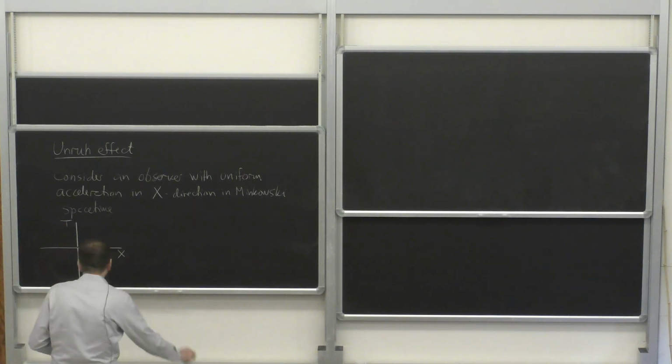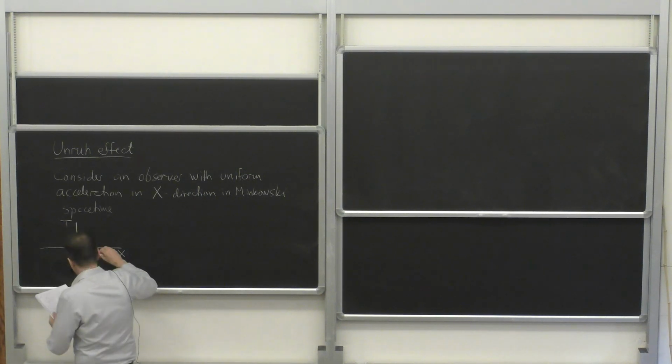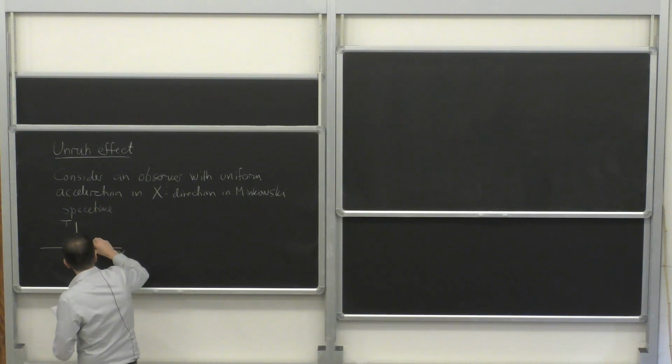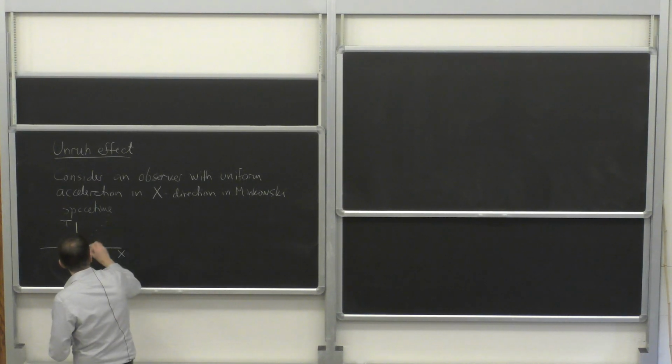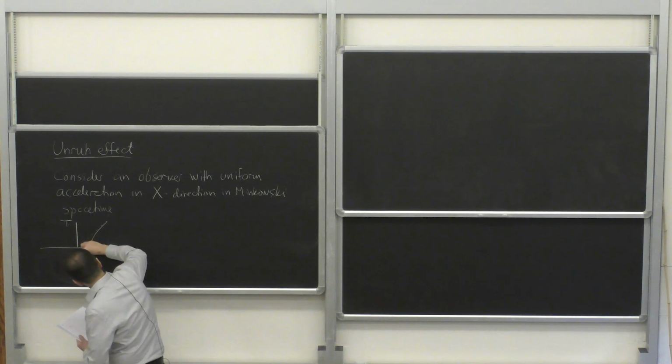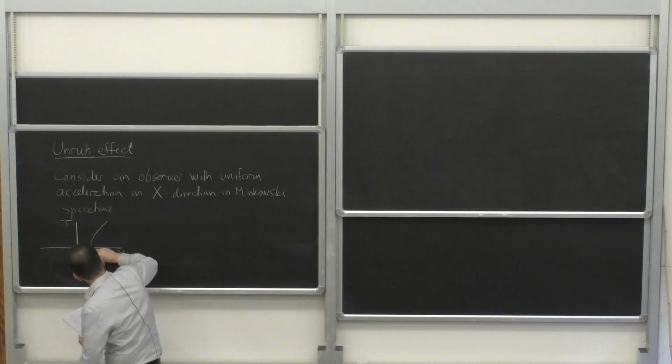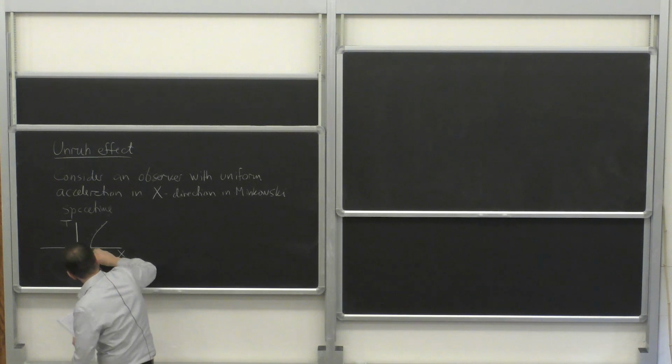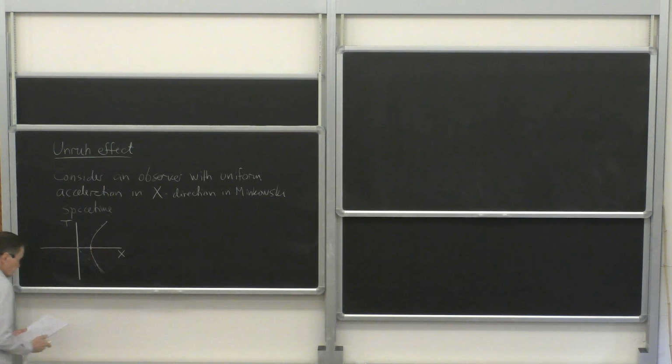I can always pick my time variable that way. And then, of course, as time goes by, this observer is going to get closer and closer to the speed of light. And coming in, I guess we would call it decelerating now in this direction here, right? So the world line looks something like this.